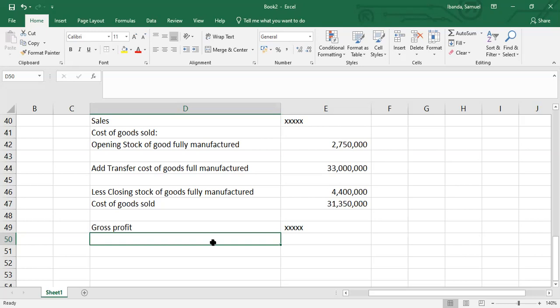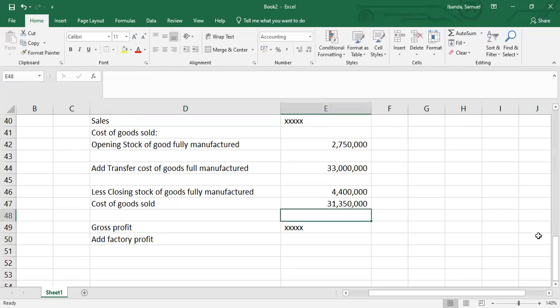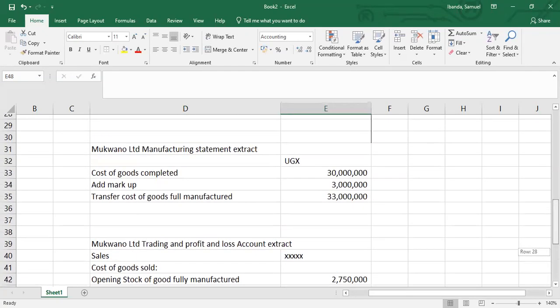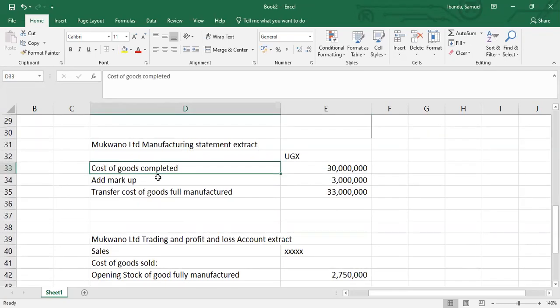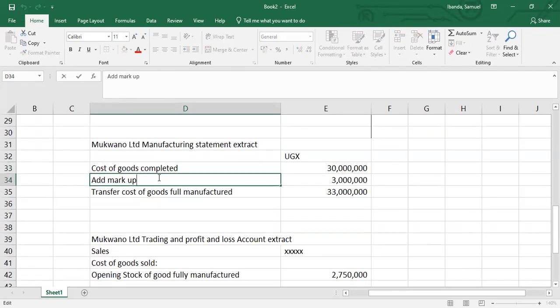After we've determined this, we go ahead to add what we call the factory profit. Do you remember the profit we just made, the markup on our cost of goods fully completed?